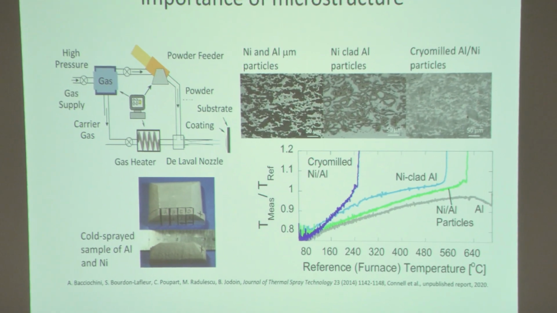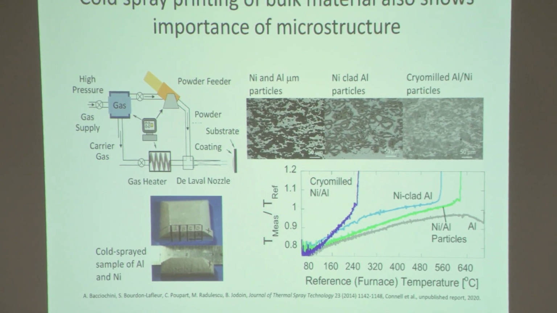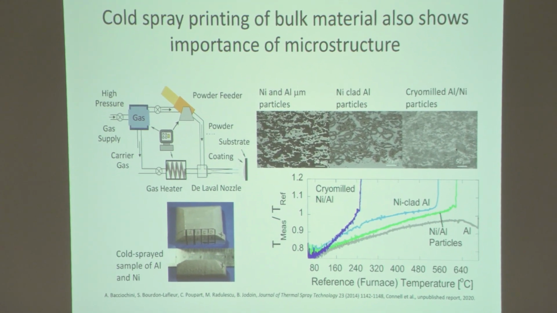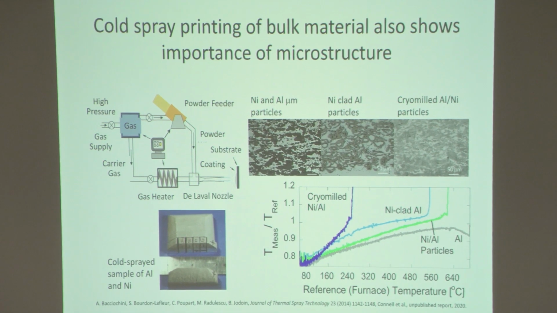Well, you can think of now going to the macro scale of that, and instead of using something like physical vapor deposition, using basically cold spraying techniques. This is a technique of cold spraying printing of bulk material, which also shows the importance of the microstructure. How a cold spray system works is essentially, I'm going to inject powder.